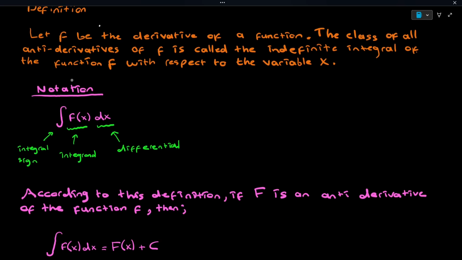Definition: let f be the derivative of a function. The class of all antiderivatives of f is called the indefinite integral of the function f with respect to the variable x. Notation for it: this is our integral sign, like this. f of x, the function we are integrating, we call the integrand, and dx is from calculus 1, our differential.